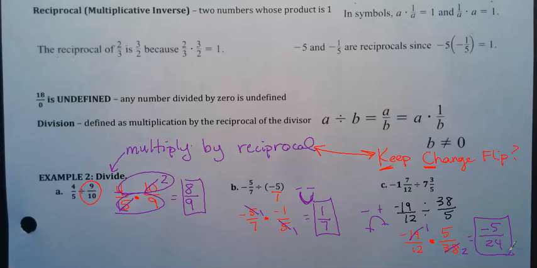Negative 5/24. Because I canceled here, I keep my numbers small, and they should be simplified already by the time I get to that last step, as long as I've canceled with the biggest number possible. All right, great.